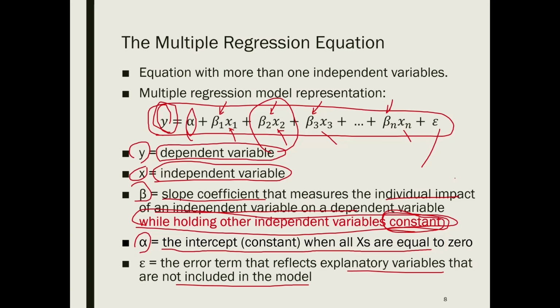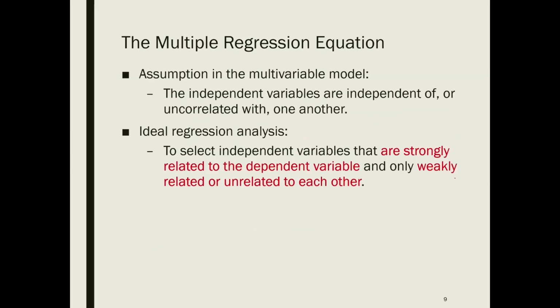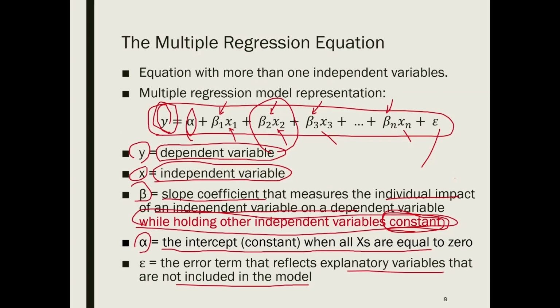Okay, so one of the important assumptions in the multivariable model is that we assume the independent variables are independent of each other. In other words, we think x1, x2, x3, xn are independent from each other. They are not highly correlated to each other.